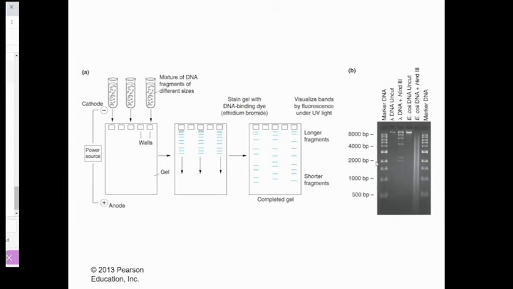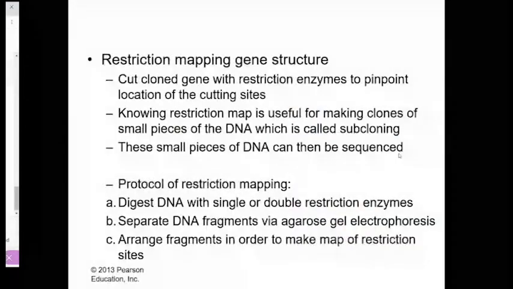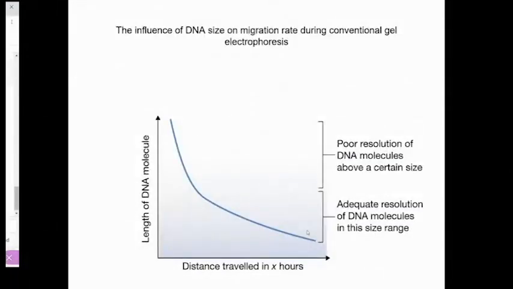Between 2,000 and 4,000 in this range is 2,000, but in this range you can resolve 500. Therefore, you have a better resolution in the lower half of the gel than the upper half. So that's why we have this curve to show you have better resolution in this range and poor resolution in this range. Okay.